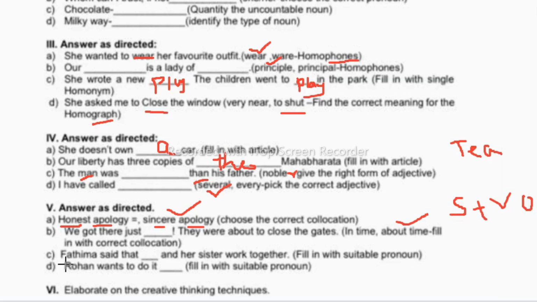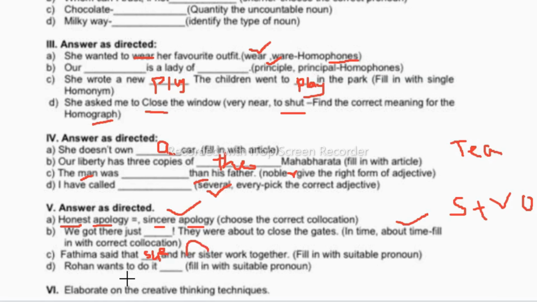So here Fatima is the subject, said is the verb, and that is the object because it is a pronoun. Now this sentence is completed. Again we need to start a new sentence. So here you need to add she, because we cannot use a noun again and again. To avoid the noun we need to use a pronoun. She and her sister work together. This her is not an object, it is a possessive adjective which shows it's about her sister. So she is the correct one.